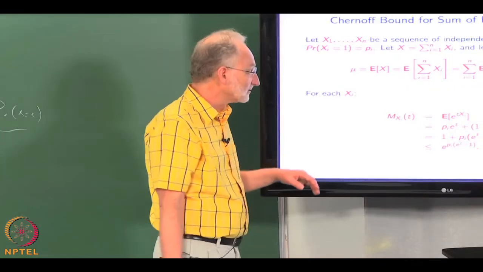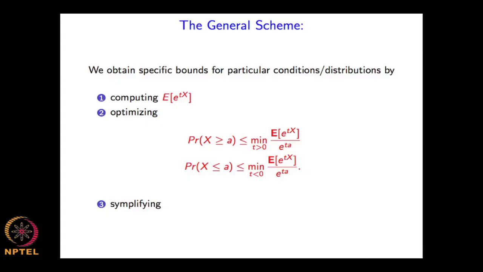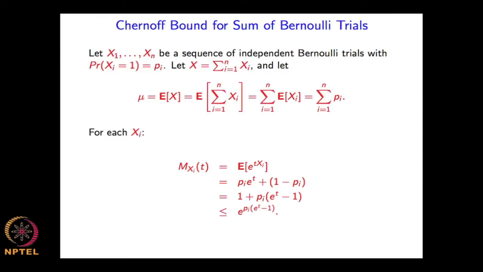So we'll try to use this recipe. The first step is to compute the moment generating function, the expectation of e^{tX}, and that's usually where the difficulty is. But now we're going to use the fact that X is a sum of independent random variables.